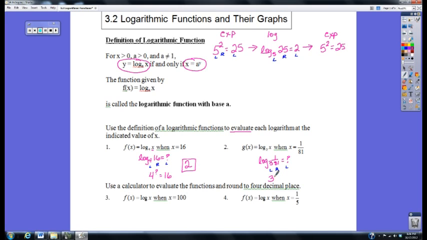So 3 to some power equals 1 over 81. Well, what exponent of 3 equals 81? You'll have to try to figure that out. And because the 81 is in the denominator, that lets me know that it's going to be a negative exponent. So the exponent of 3 that gives me 1 over 81 ends up being negative 4.